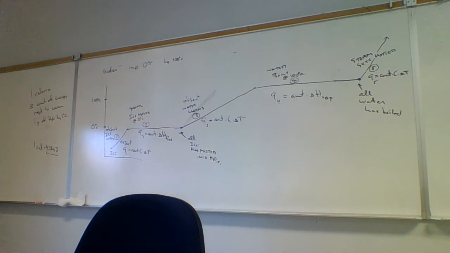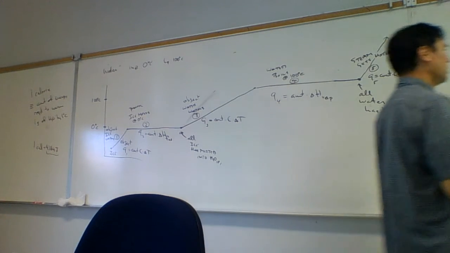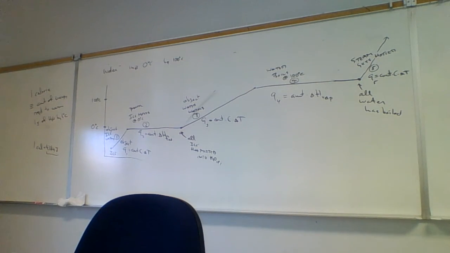If we do sublimation, then we have a jump. For sublimation, we jump from solid to gas, and so when we sublime things, we skip the liquid phase entirely. So, actually, let's make that here.